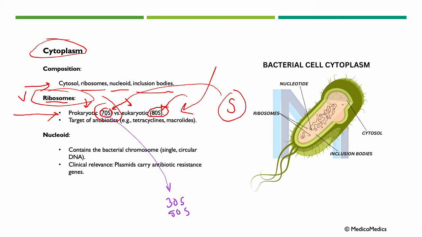We don't need to go into too much detail here, but the 30S subunit of the prokaryote is what binds with the messenger RNA to read the genetic code, and the 50S subunit is where transfer RNA molecules bind and amino acids are linked together to form the growing protein chain. One example would be E. coli.